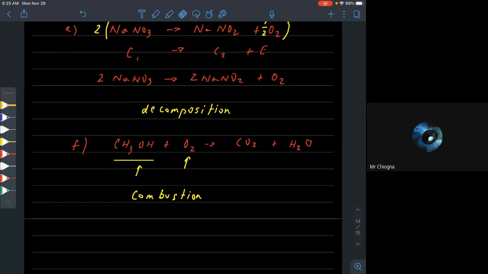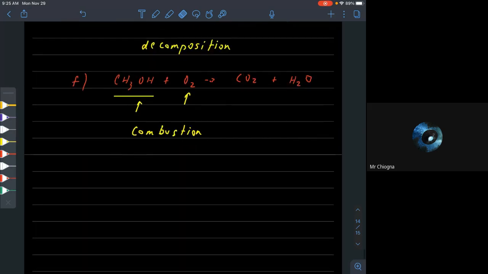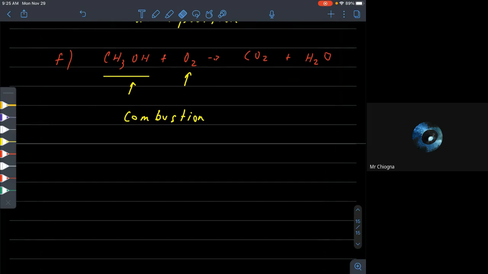Okay, balancing it. I do a table. Okay, so carbon, hydrogen, and oxygen. Okay, carbon's balanced so far. Hydrogen, 4 here.